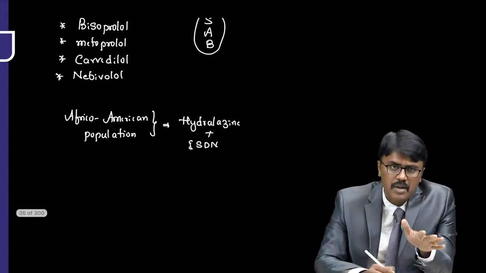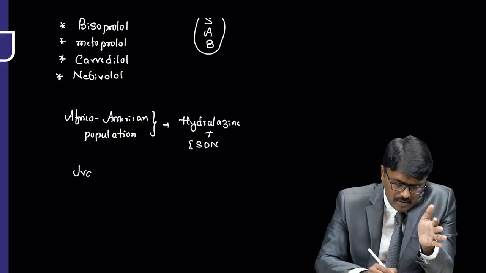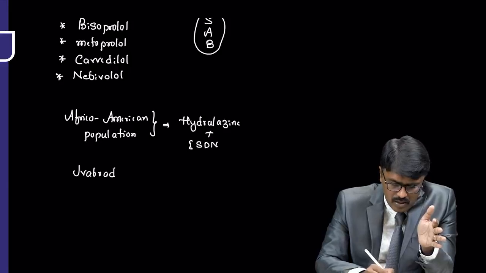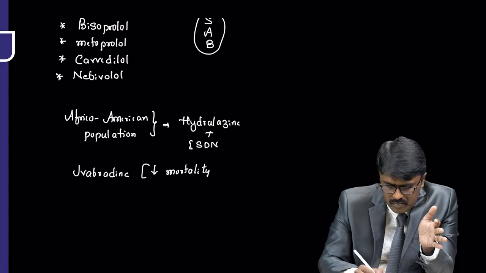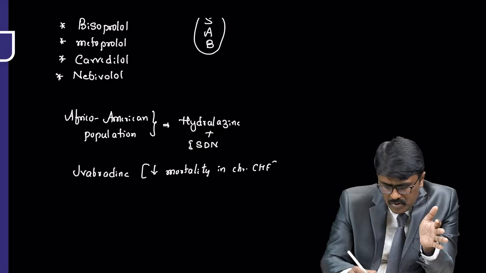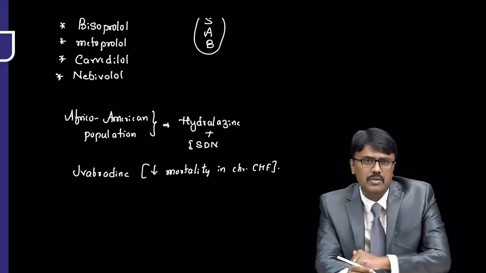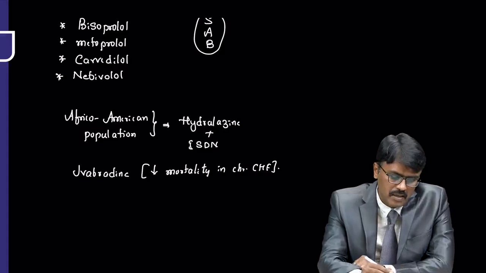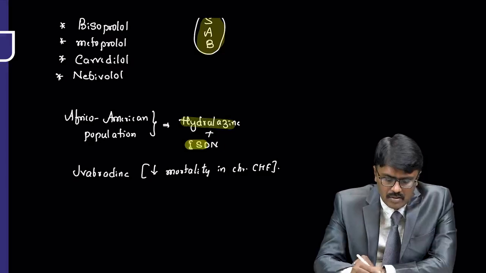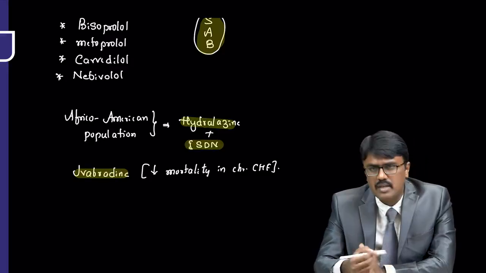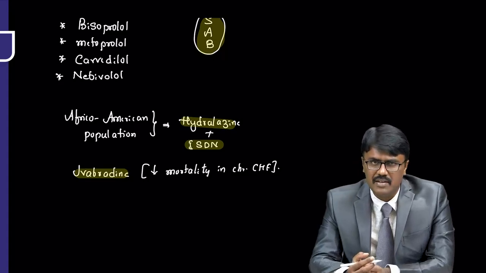And in a certain population, even ivabradine has been shown to decrease mortality. So this is additional information, but remember the basic 3 drugs are the SAB drugs. In African Americans, hydralazine plus isosorbide dinitrate, and ivabradine in certain people, have shown that effect.